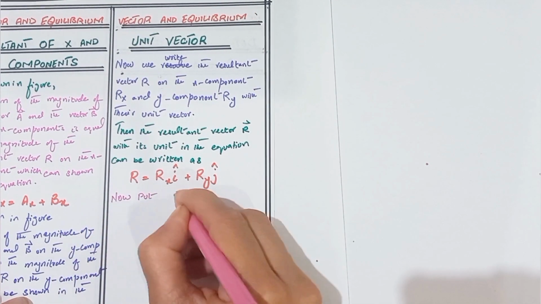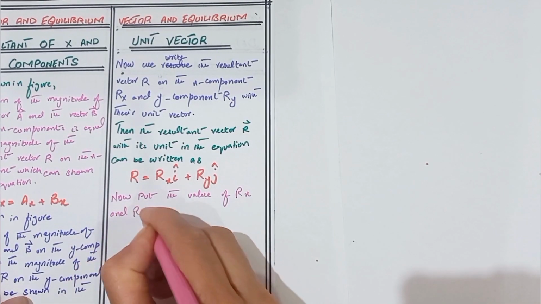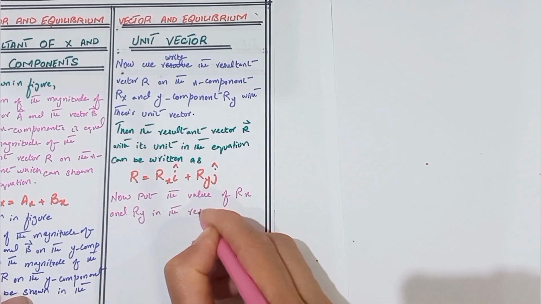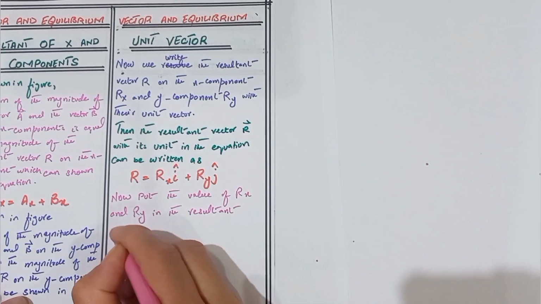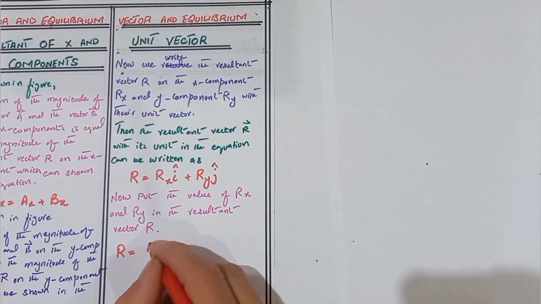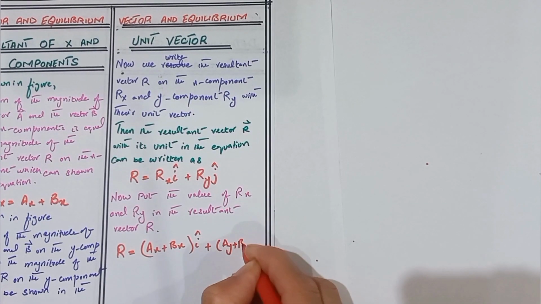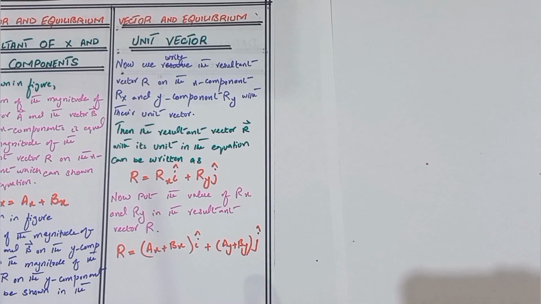Now put the values of Rx and Ry in the resultant vector R. So we can write R = (Ax + Bx) i unit vector + (Ay + By) j unit vector.